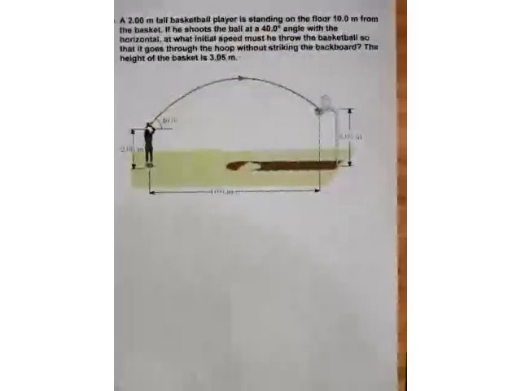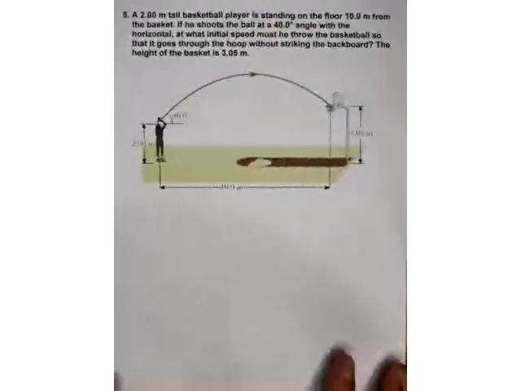So this one. Ayan. Okay. A 2-meter tall basketball player is standing on the floor 10 meters from the basket.